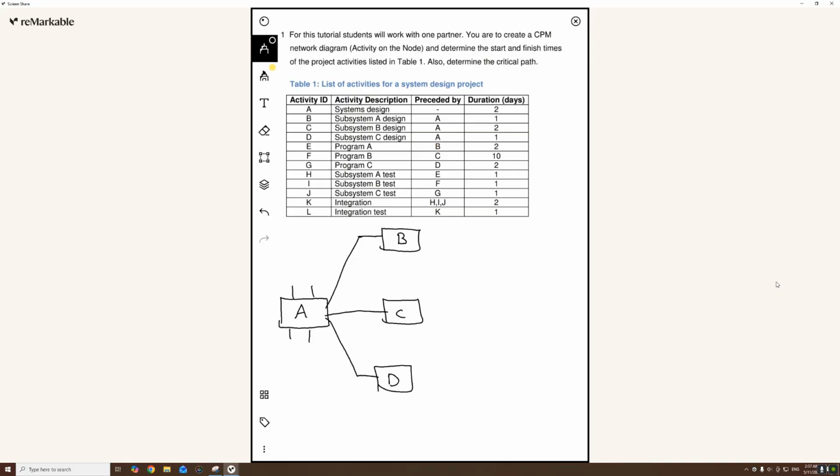It's activity E. So I'll draw it as a straight line. Okay. And then how many activities require activity E if we're to follow along on this path? I see one once again, which is H.